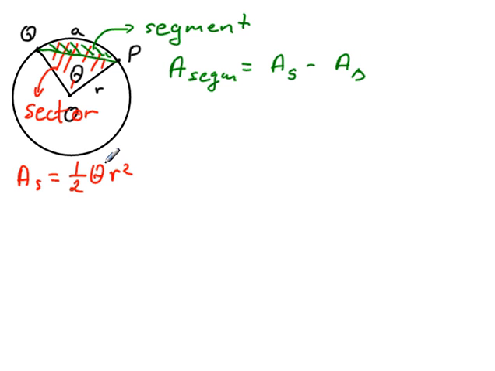So we know how to find the area of the sector. How do we find the area of a triangle? So quickly recall the situation here. So what we have on the diagram, we have r, so that's O. Let's say this is P, this is Q. So that angle theta is measured here. So this will be the triangle.